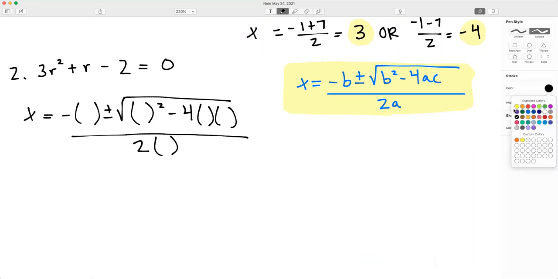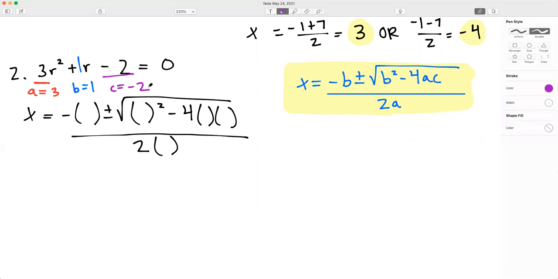Okay, so let's identify our a. Our a is 3. Our b is positive 1, and then our c is negative 2.